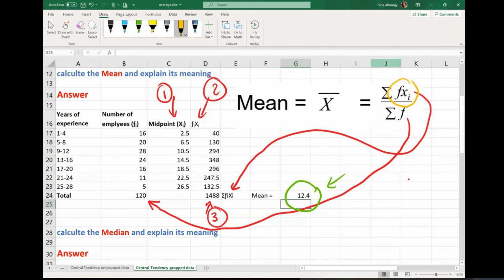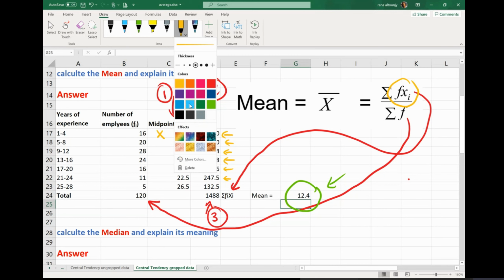If you see, those are the FiXi of each one of our categories: this number multiplied by this number equals this number. So what is this number? It is Fi, which is the frequencies.